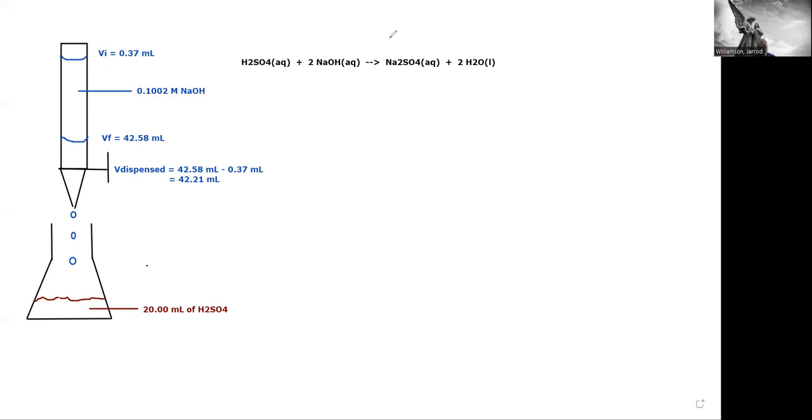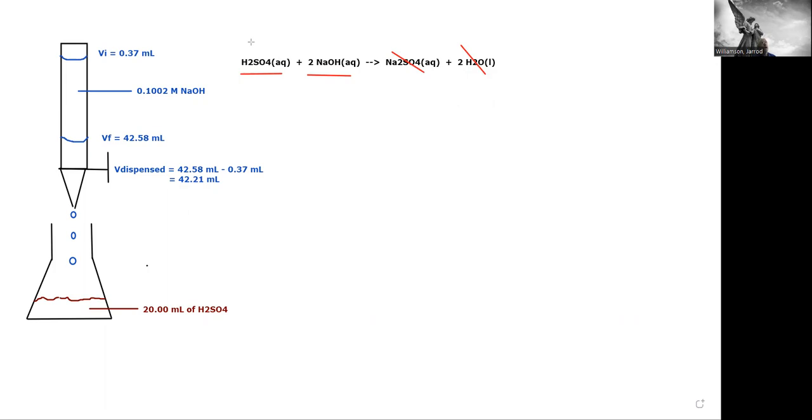The reaction is between these two, so I can ignore the others for now. If I know this, what's the concentration of that?